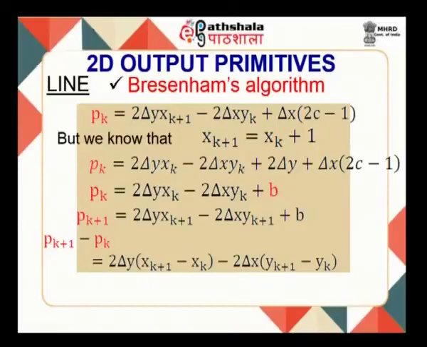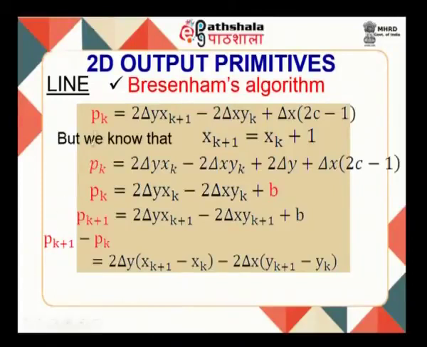So, we can safely ignore delta x, and that is why we call p k a decision parameter. It is enough to take the sign of the difference operation.